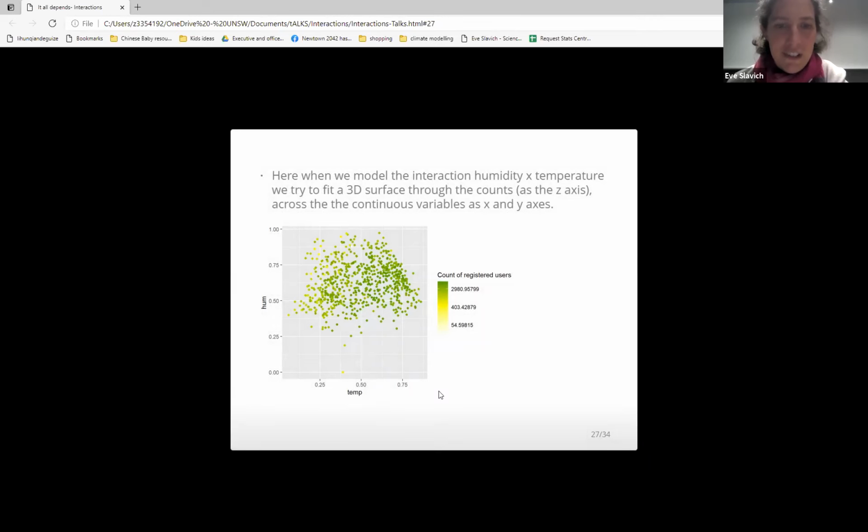And so here I've got temperature and humidity, and the dark green dots are where lots of people hired bikes, and the yellow is where there were fewer people hiring bikes. And so when we model an interaction between humidity and temperature, both continuous variables, we're trying to fit a 3D surface through these counts as the z-axis.